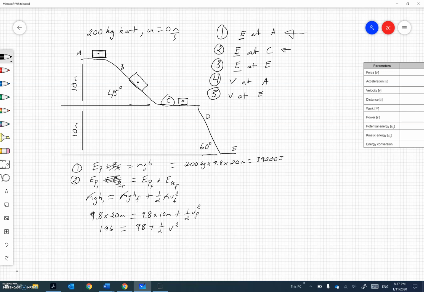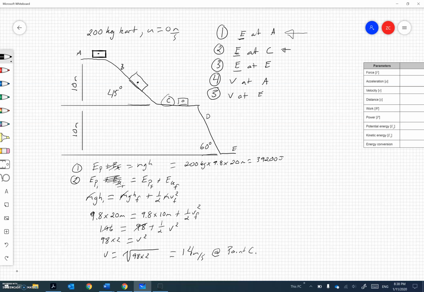If we subtract the 98, you get 98, and we've got to double it, times 2, is equal to v squared. So v is the square root of 98 times 2. So we're going 14 meters per second at point C.